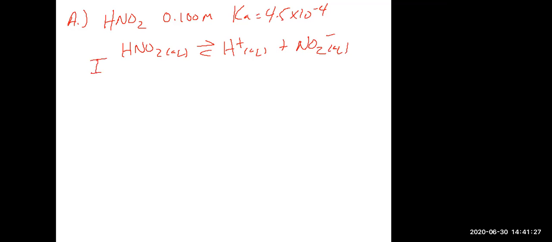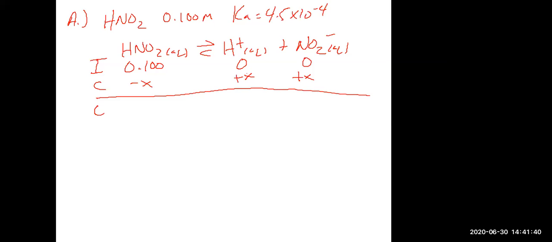We're going to use the molarity because we haven't added anything, so we don't have to change it to anything else. These are going to be zeros, minus x, plus x, plus x, which means at equilibrium 0.1 minus x, x, and x. Any questions so far on that?